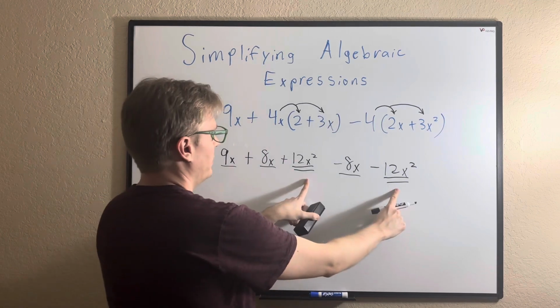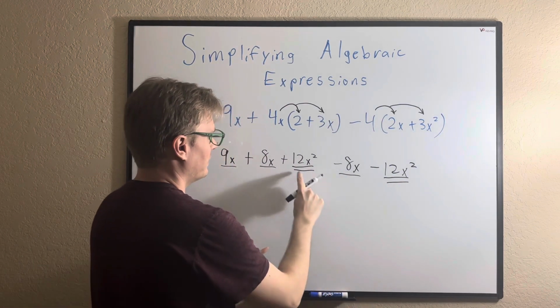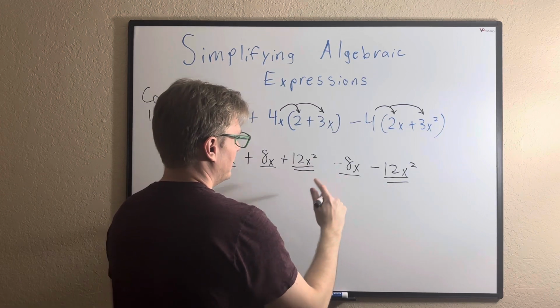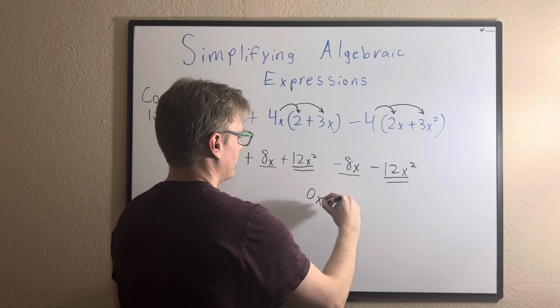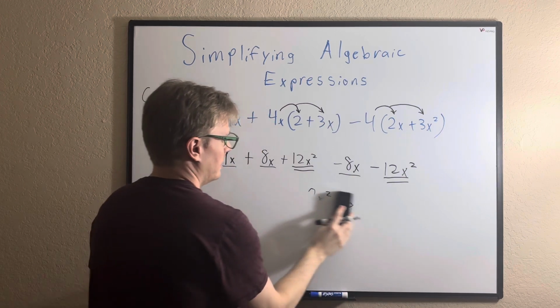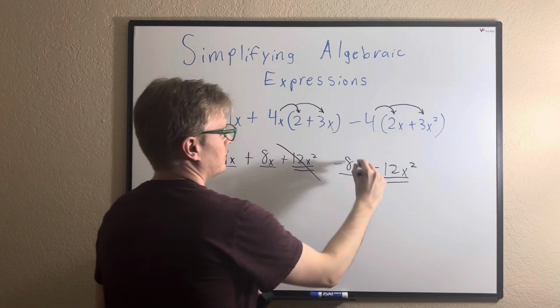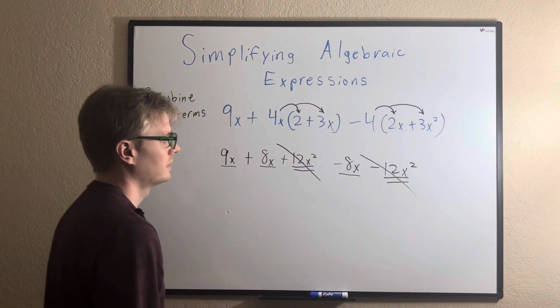Let's do the x squared first. 12x squared minus 12x squared. That's just 0, right? 12 minus 12 is 0. 0 times x, 0 times anything is just 0, right? So that's just canceled out. So we could just cross them off.